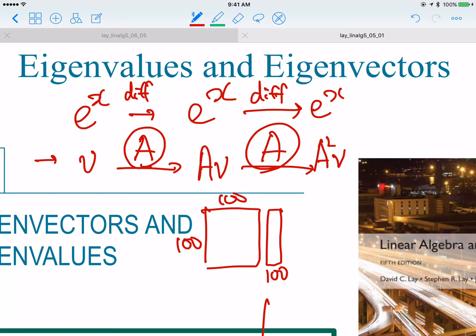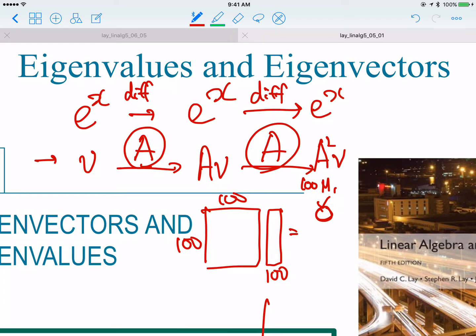How many computations do we need? How many multiplications and additions and so on? In order to compute the first one, how many multiplications do we have to do? Yeah, 100 multiplications, element-wise. And then how many additions?